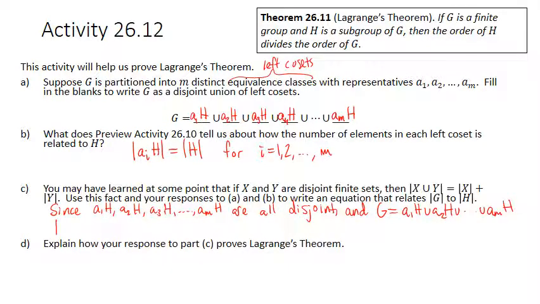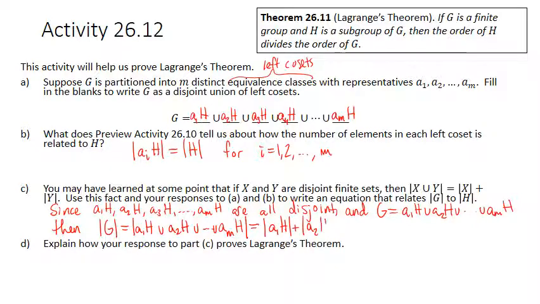What we can say then is that the order of G is just the order of this union, and we can get that by adding the order of all of these together.